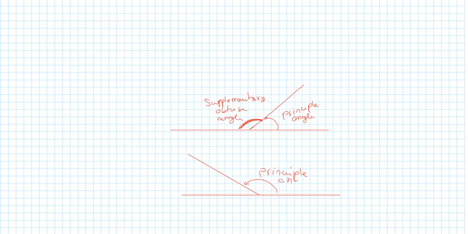If your principal angle is obtuse, then this angle right here is your supplementary acute angle. So this would be SOA, this would be SAA.